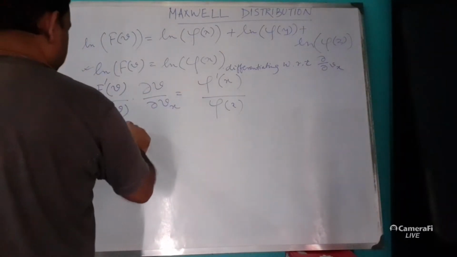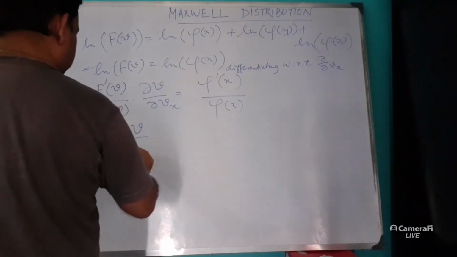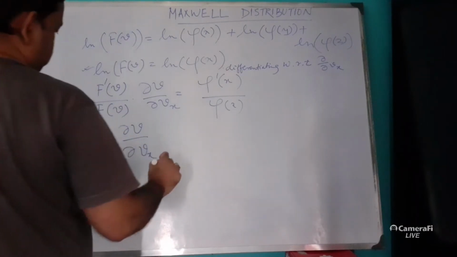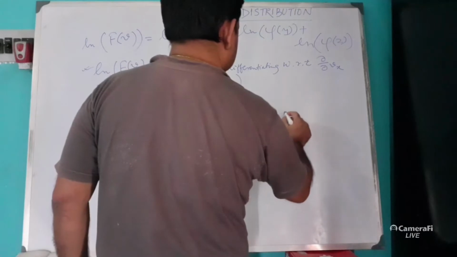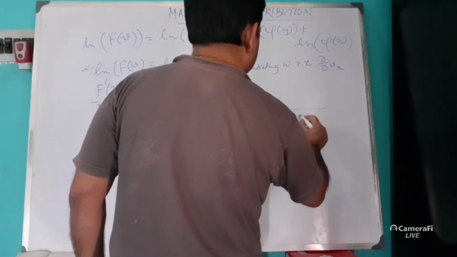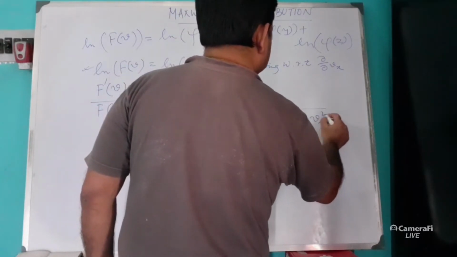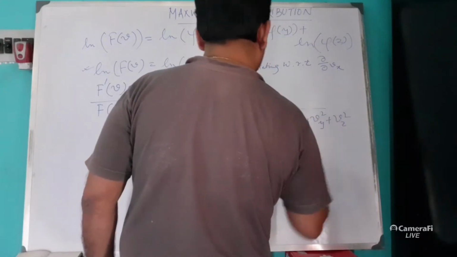Now what is del v by del vx? So v is given as root over vx square plus vy square plus vz square.